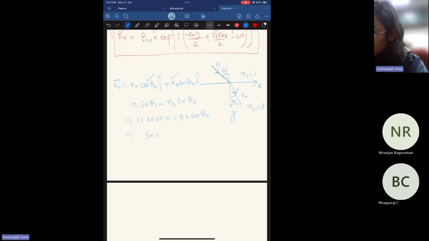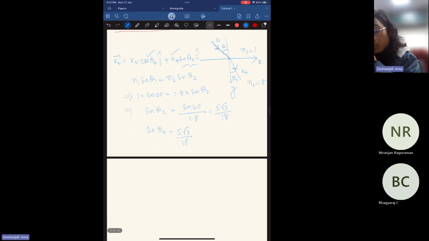So sin theta 2 will be sin 60 by 1.8. Sin 60 is root 3 by 2, so it will come 5 root 3 by 18. So you got sin theta t as 5 root 3 by 18, and so you got theta t here.